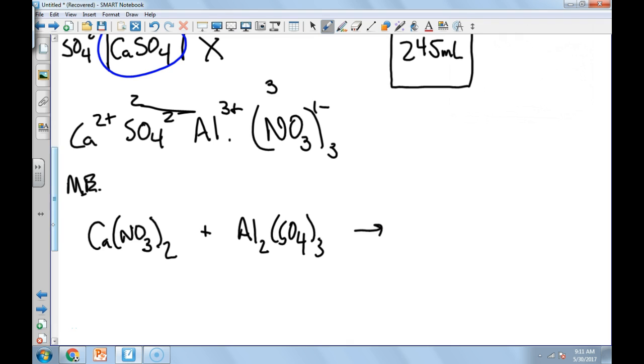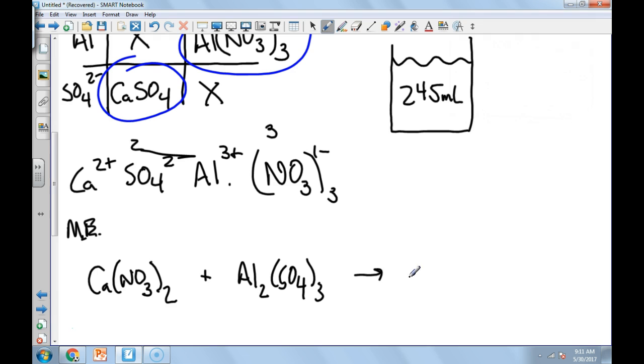And that gives us the products, which we just predicted. And the products are Al(NO3)3 plus CaSO4. So that is the molecular equation, but we need to balance this and write the states.